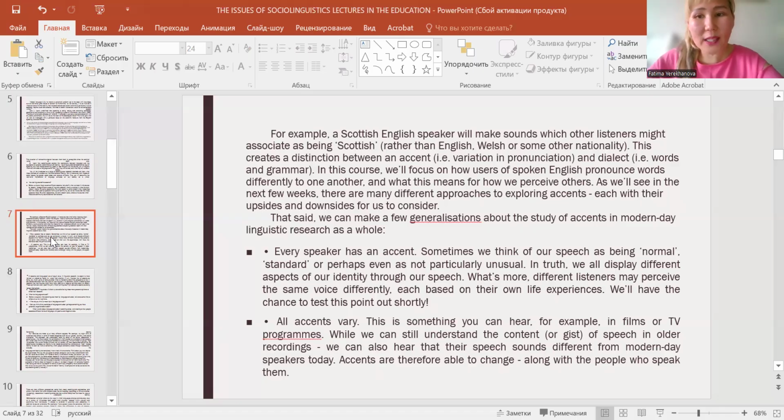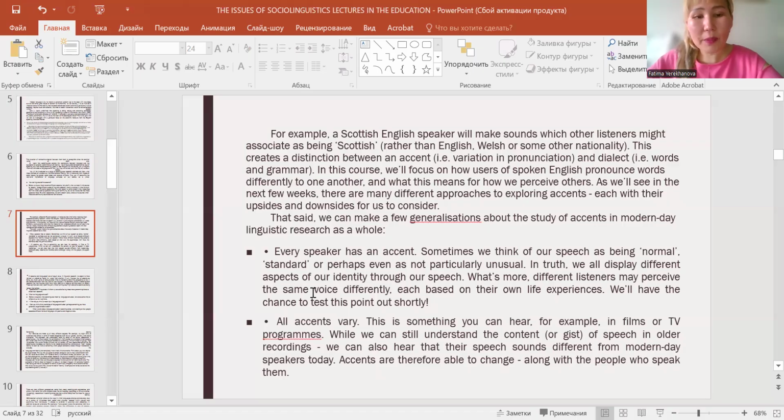As we will see in the next few weeks, there are many different approaches to exploring accents. Here we are talking about how accents might be expressed or pronounced by different nationalities, ethnicities, communities or societies.